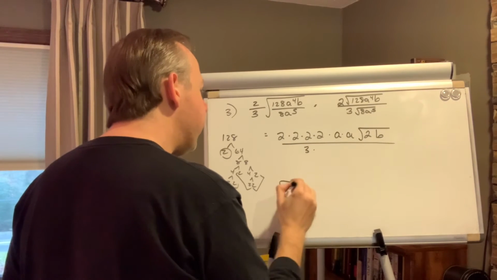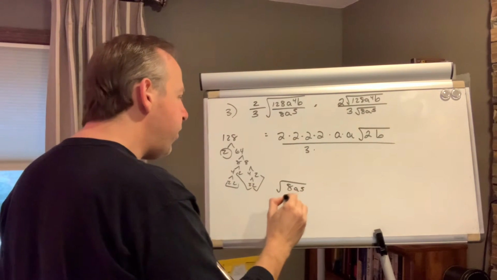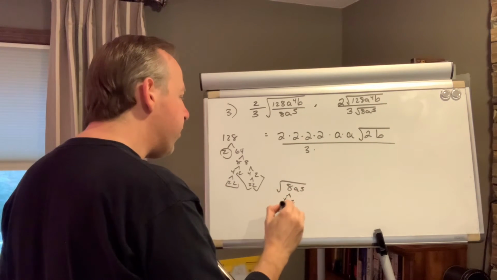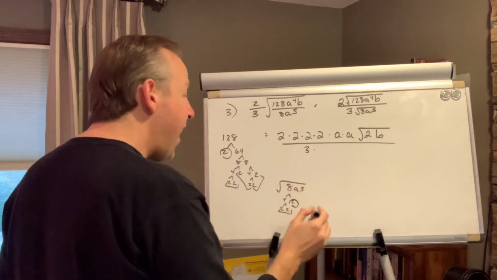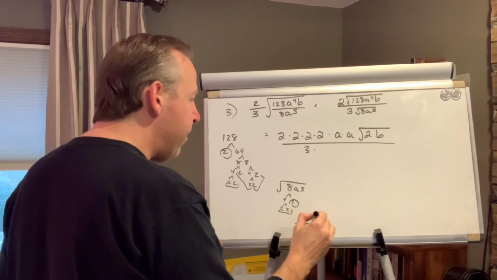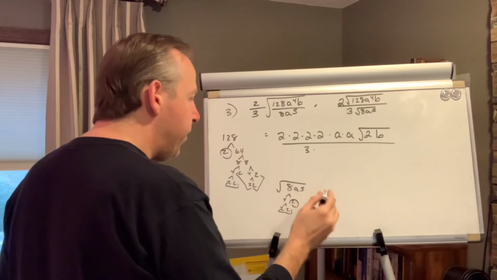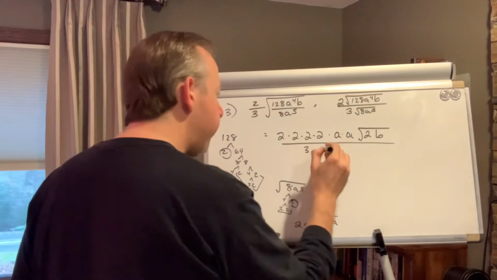Well, radical 8 a to the 5th. 8 is 4 times 2, and 4 is 2 times 2, so that's a 2 pulls out, and a 2 stays in. A to the 5th, well, that's certainly 2 pairs of a with an a left over. So it's 2a squared radical 2a.